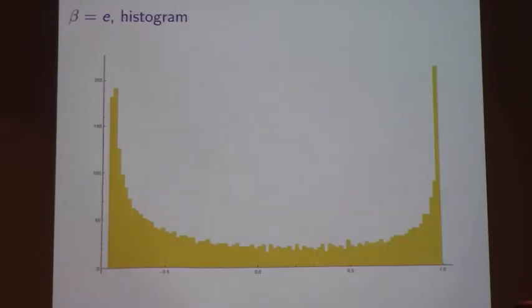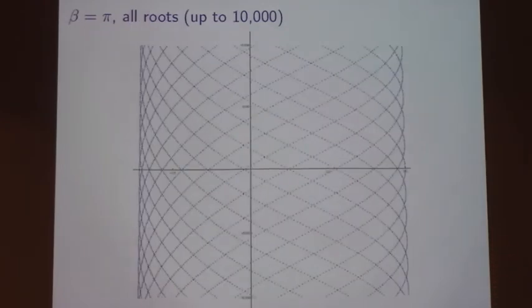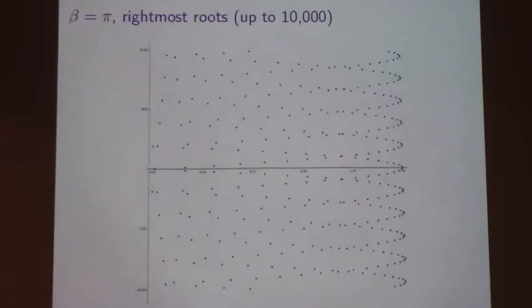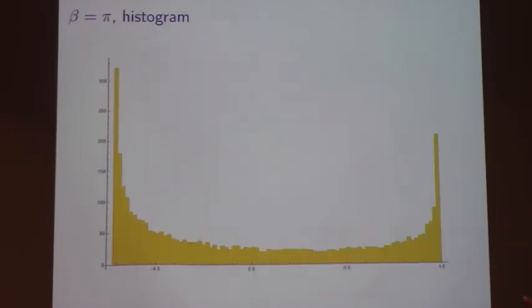And the histogram was still mostly on the sides, but it grows in the middle also. Now take pi, which is a very strange number, and you can really see the parabolas now. But when you look back, you see this beautiful thing. And again, here there were more zeros to the right, and here there are more zeros to the left.